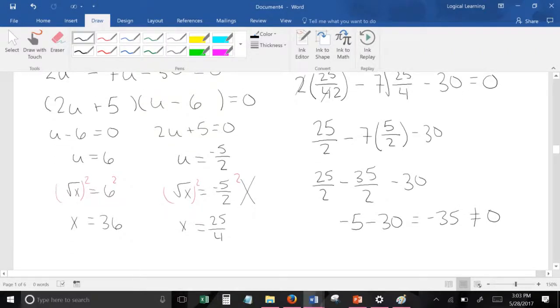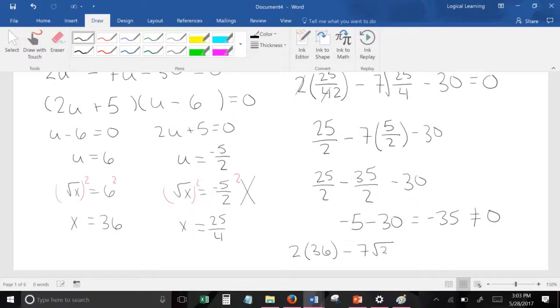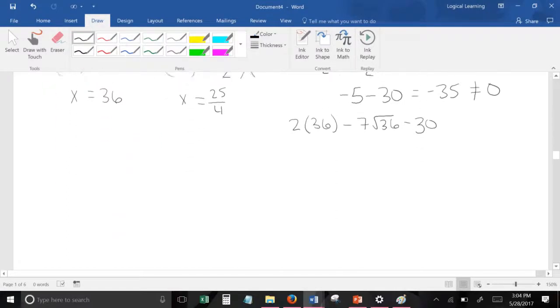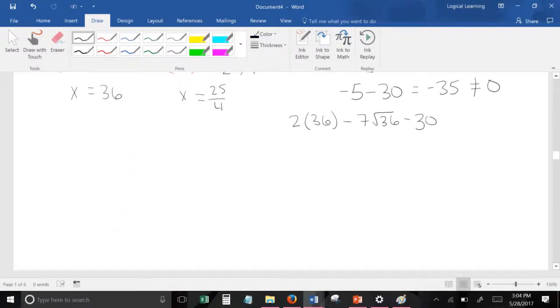But we could do the same thing with our other answer, which is 36. So if we do 2 times 36 minus 7 times the square root of 36 minus 30, then we see that 2 times 36 is 72, the square root of 36 is 6, and 6 times 7 is 42, minus 30.